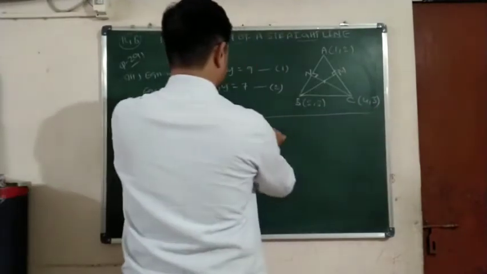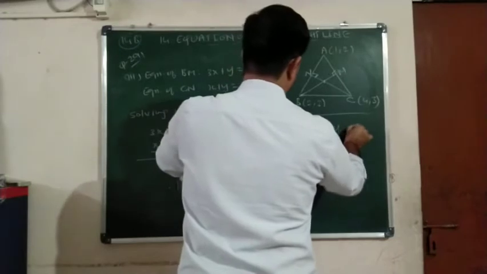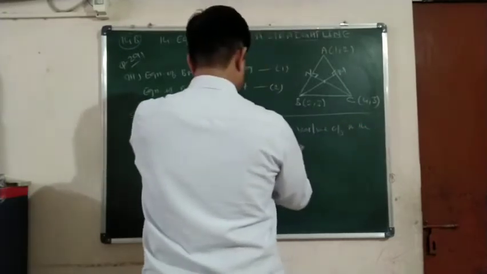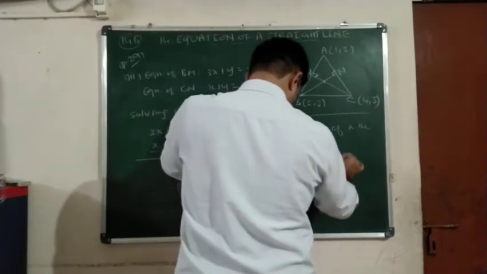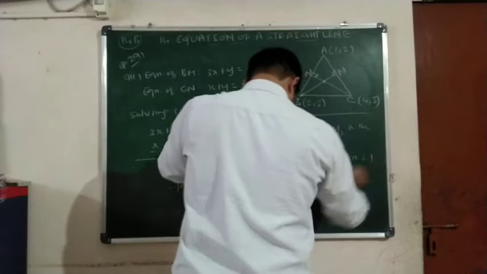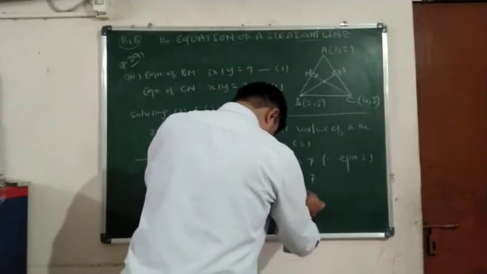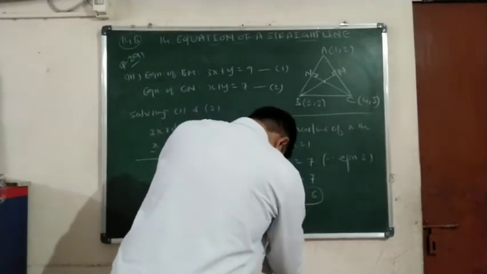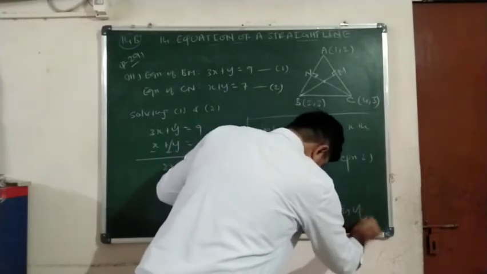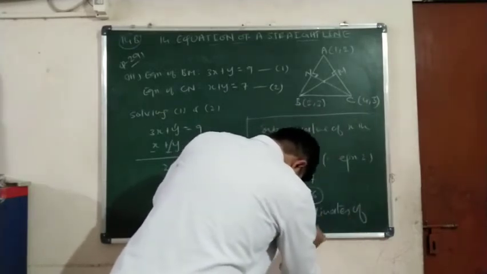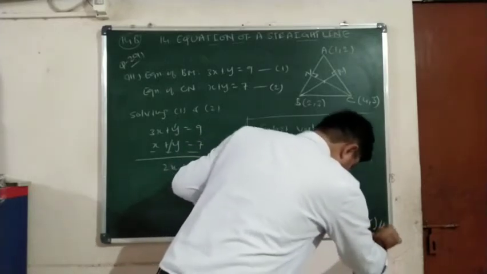Substituting value of x in equation 2, x plus y is equal to 7, therefore 1 plus y is equal to 7, y is equal to 6, and therefore coordinates of orthocenter will be 1, 6.